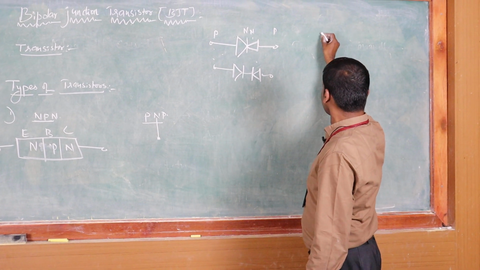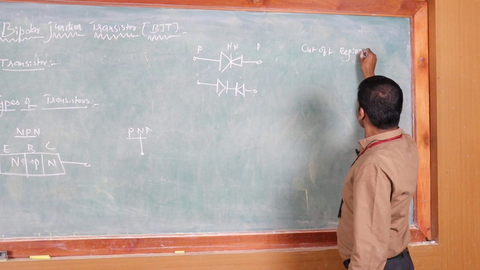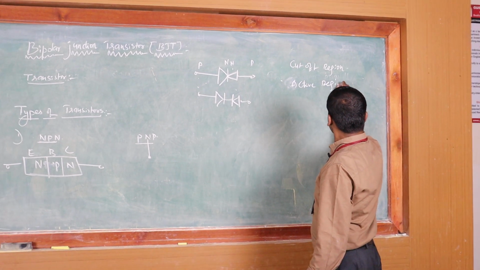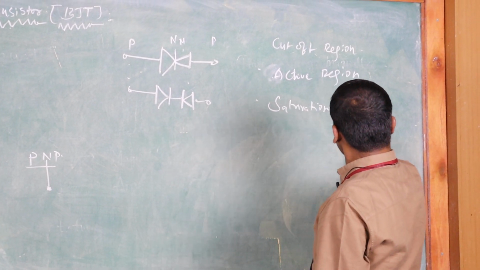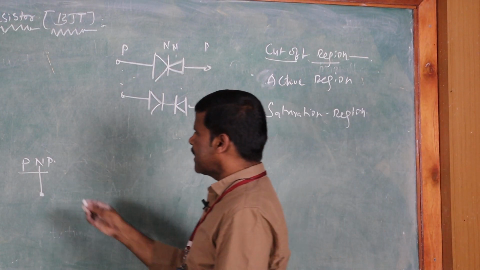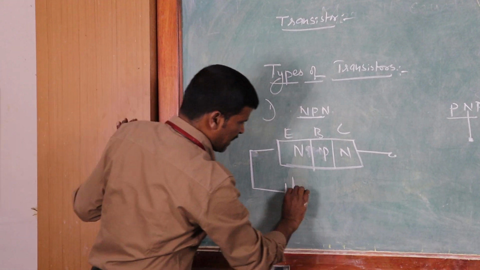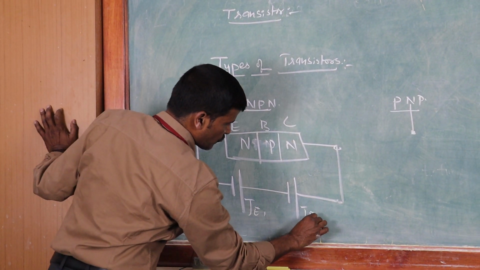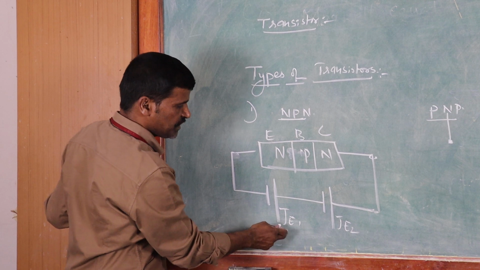Now, what are the operating regions of a transistor? The operating regions are the cutoff region, the active region, and the saturation region. A transistor is a three-terminal semiconductor device with emitter, base, and collector, and it has two junctions, JE1 and JE2.